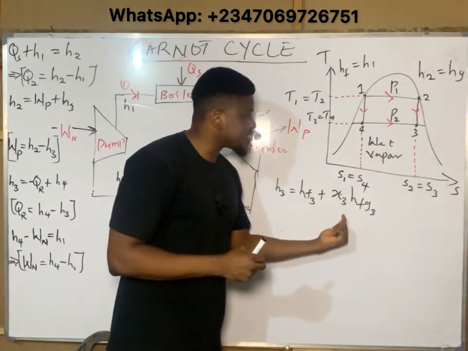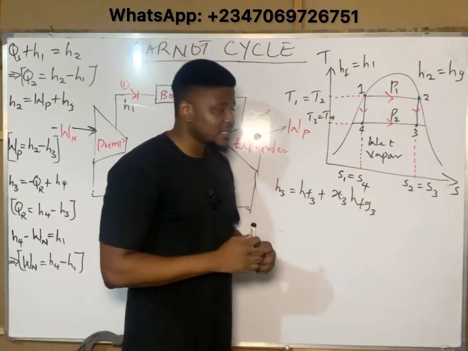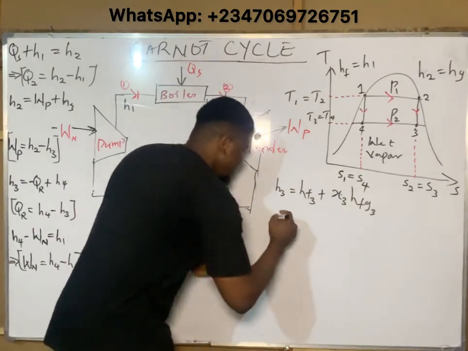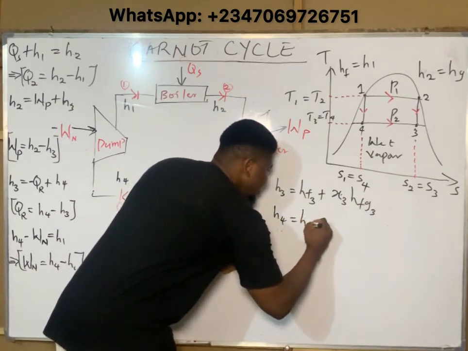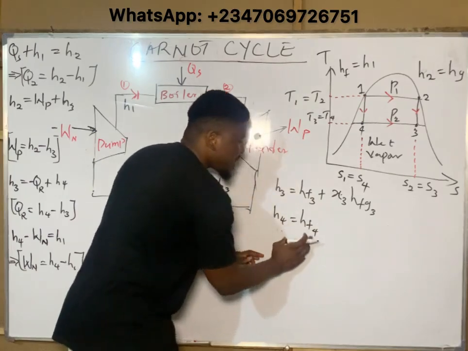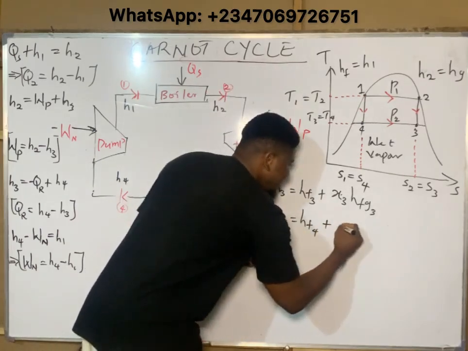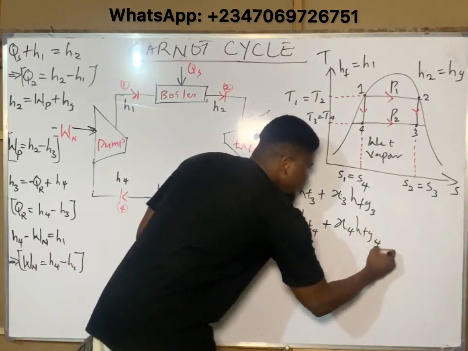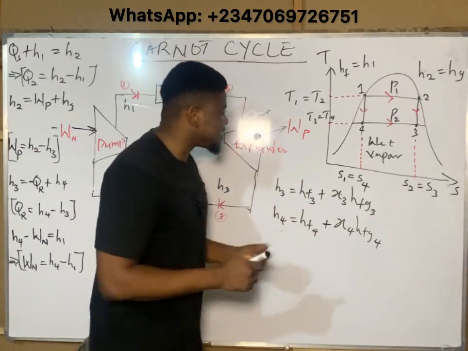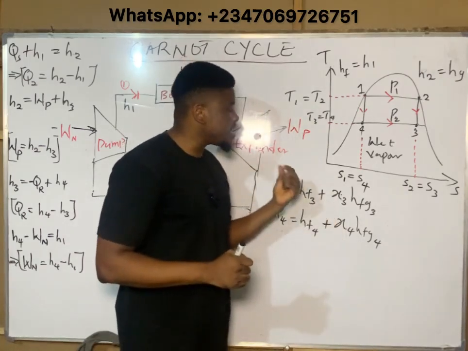Now, X3 means dryness fraction at state 3. Similarly, to find the enthalpy at state 4, we simply use the equation H4 equals HF4 plus X4 multiplied by HFG4.